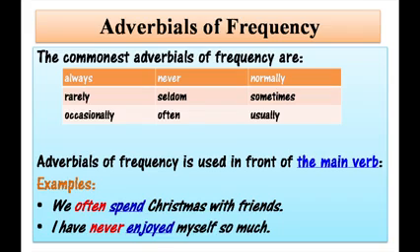Similarly, we have the other example. I have never enjoyed myself so much. So here also the adverbial of frequency is placed in front of the main verb, showing how often the action took place.